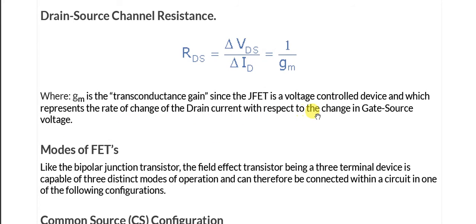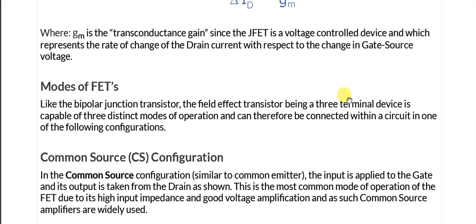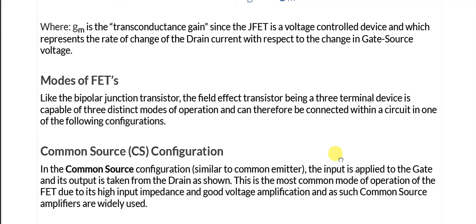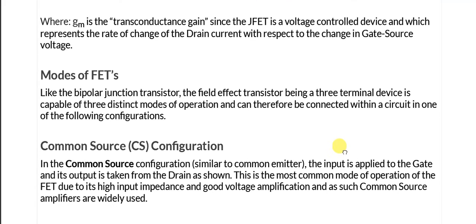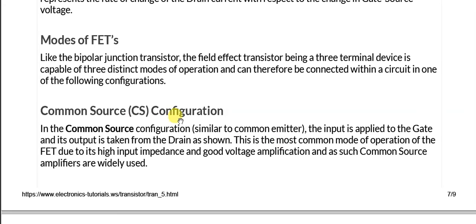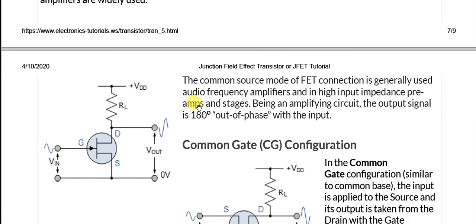So there are modes, again similarly, as we have the common emitter, common collector, common base modes. Similarly, we have the three modes as well. The common source configuration, you can see the source is common. Then the common gate configuration, the gate is common, which is equivalent to the common base.